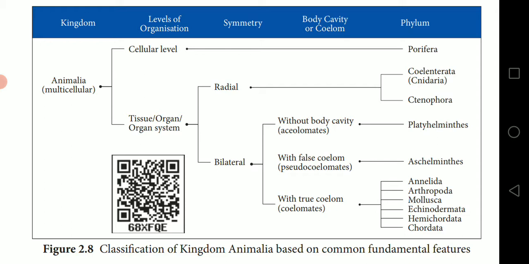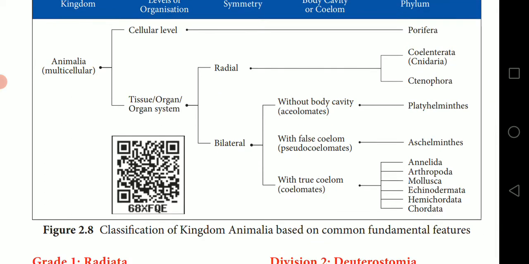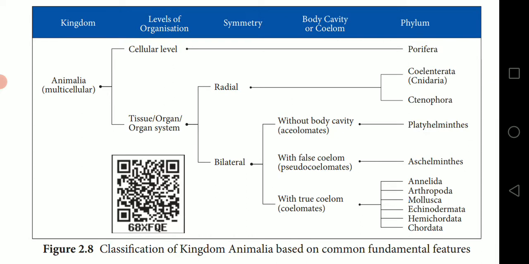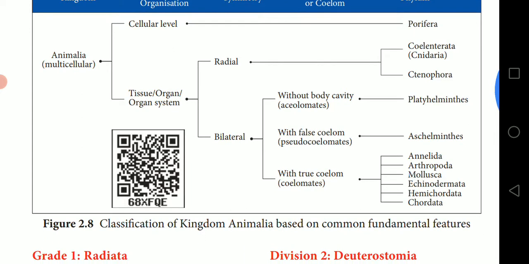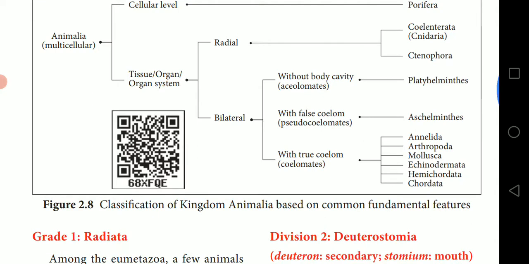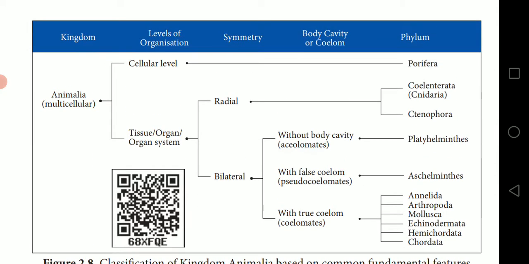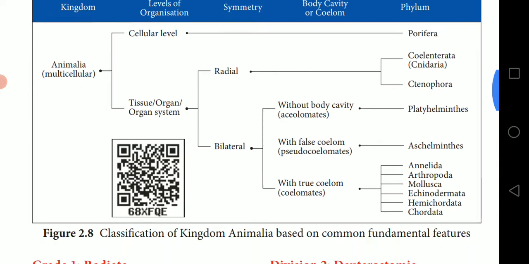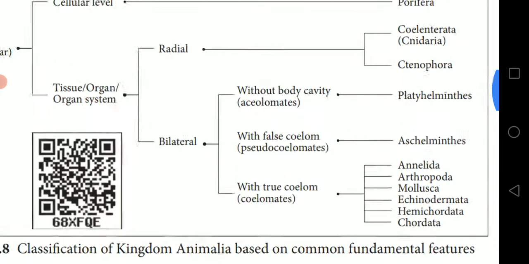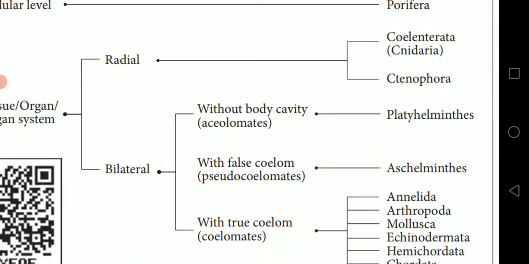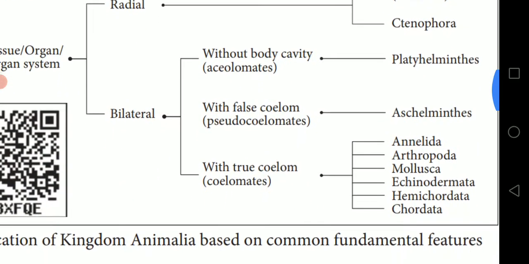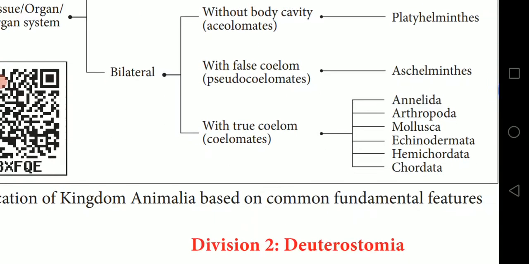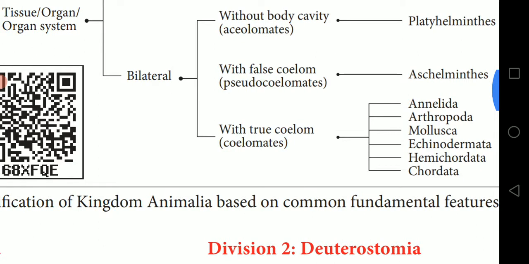Here, some classifications are given: the classification of kingdom Animalia based on common fundamental features. Kingdom Animalia, multicellular. Level of organization: cellular level, tissue or organ system. Symmetry: radial symmetry and bilateral symmetry. Body cavity: without body cavity, we call it acoelomates; with false coelom, pseudocoelomates; with true coelom, coelomates.